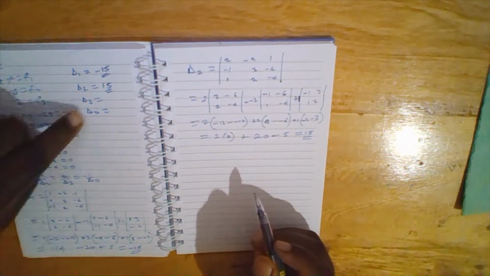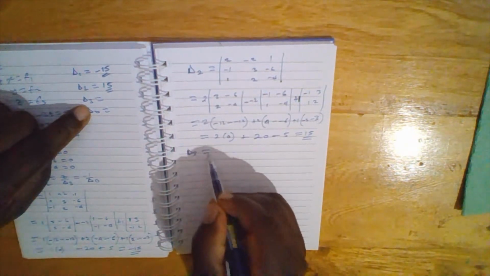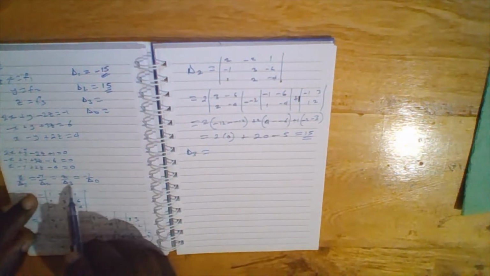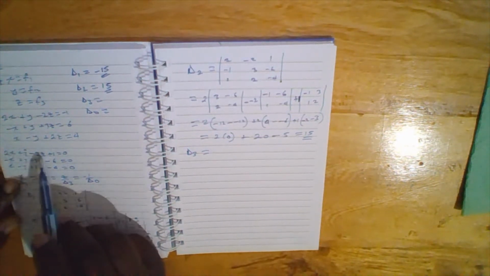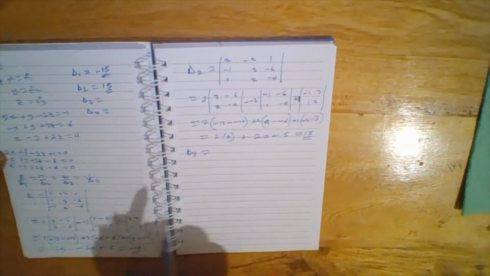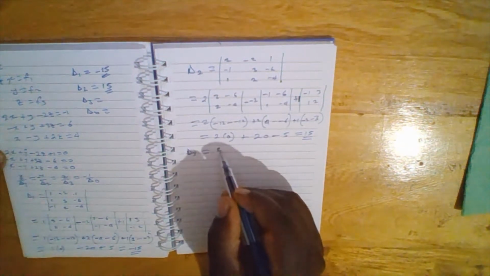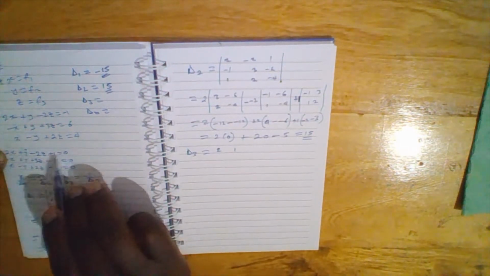So we move on to get del 3. So del 3 is associated with z. Therefore, we come here and plug the values of z and write the coefficients of the remaining variable. So here we shall have, we have 2, we have 1, then we have this 1.